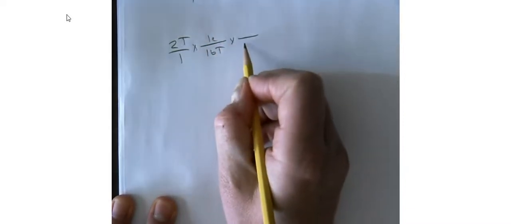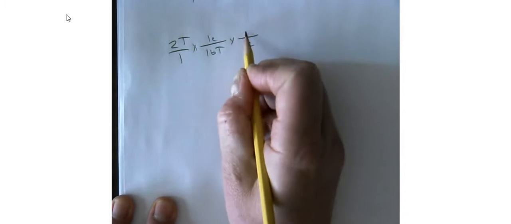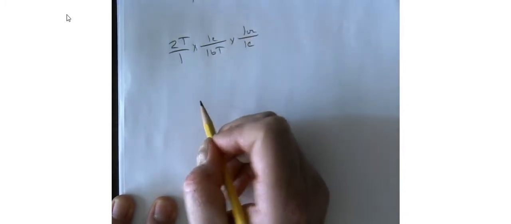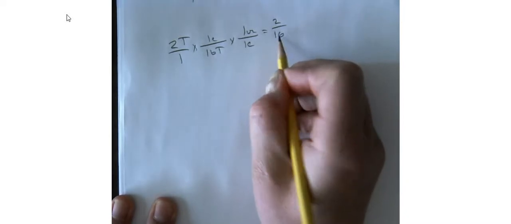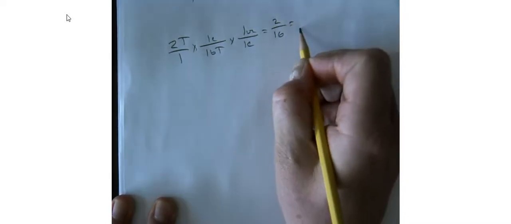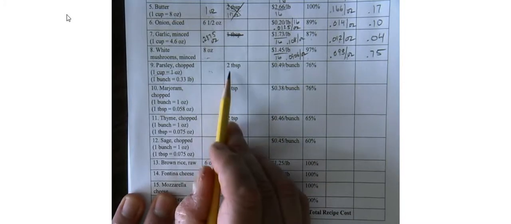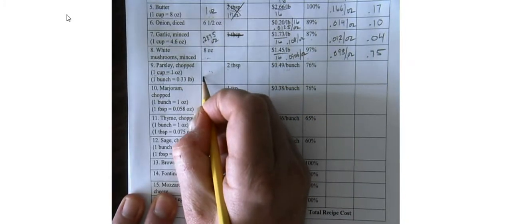And I know that 1 cup weighs 1 ounce, which gives me 2 over 16, which is 0.125. So 2 tablespoons of parsley weighs 0.125 ounces. Tablespoons goes away.